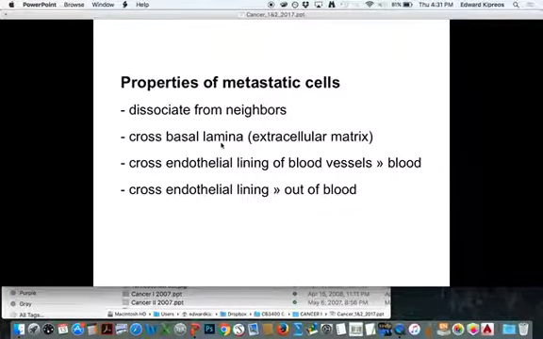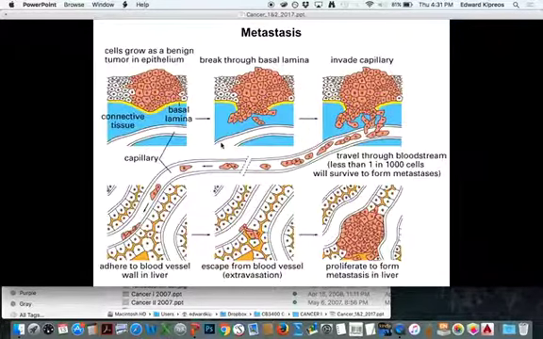So these are some of the properties that I told you about. You've got to dissociate from neighbors. That's not really true. Here you're seeing individual cells going out, but it's not really true. I don't know why I have a slide on that, but at any rate, it's old evidently. You take a mouse and you shave off its fur, and you put cancer cells below the surface that have green fluorescent protein, and you put a camera right on that, okay?